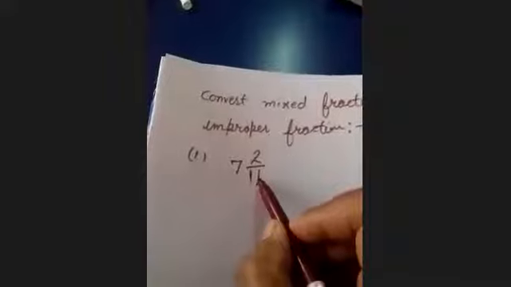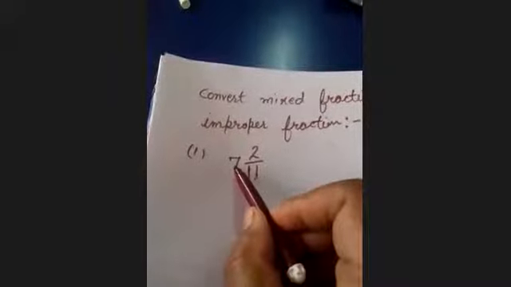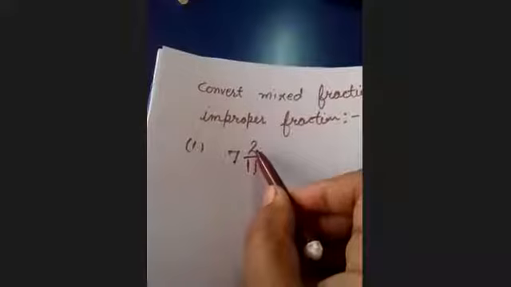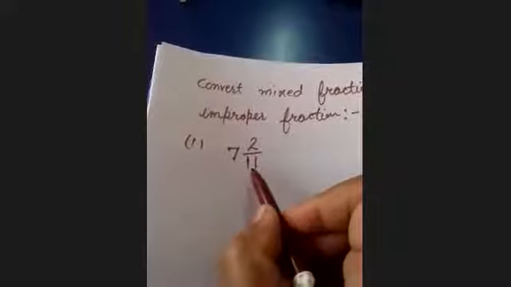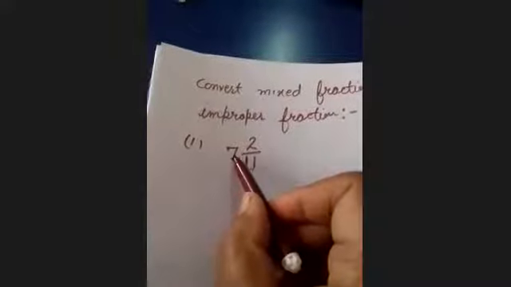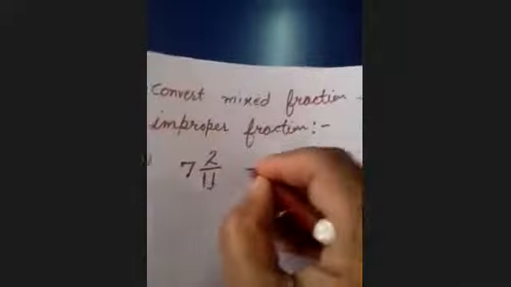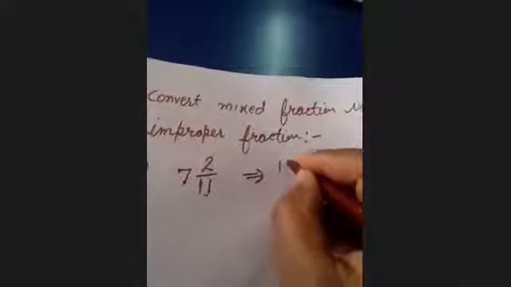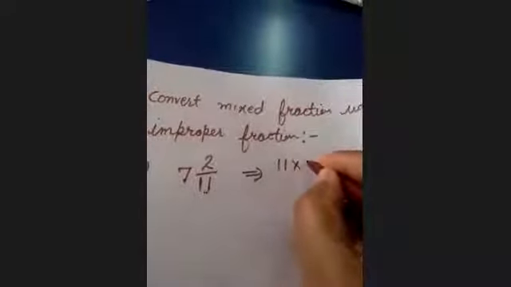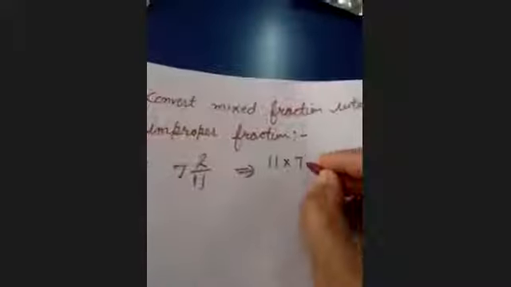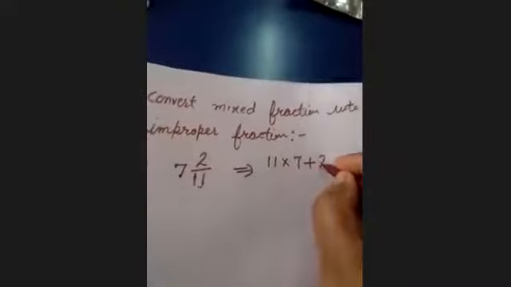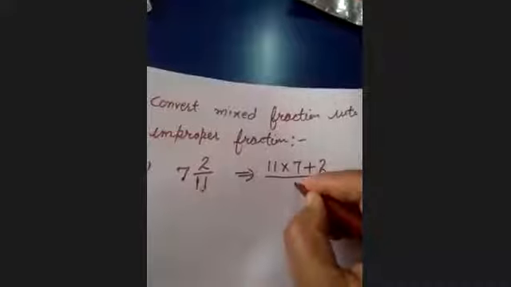First, we will multiply the denominator with the whole number. Then add the numerator 2. First, we will multiply 11 multiplied by 7, then plus 2. Then at last write the denominator as it is.